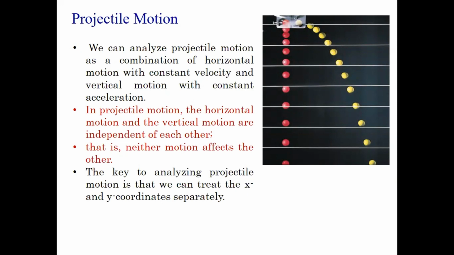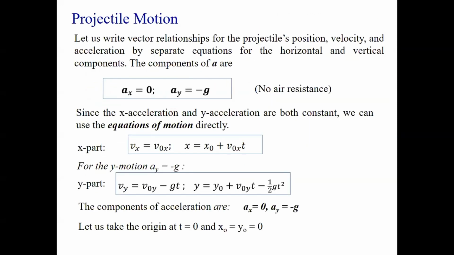So let's try. The vector relationship for the projectile motion is based on its velocity and acceleration, and we have separate equations for the horizontal component and for the vertical component. The components of acceleration can be written as follows. Ax equal to 0.